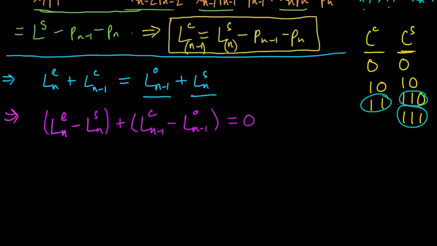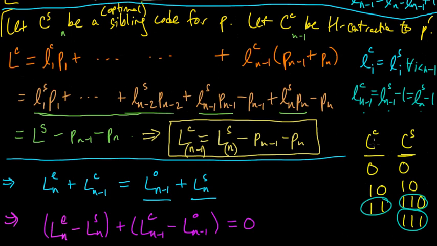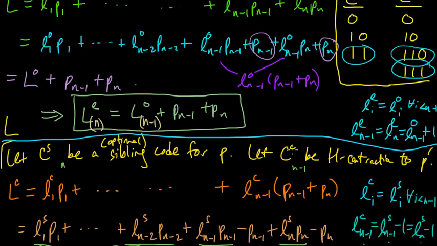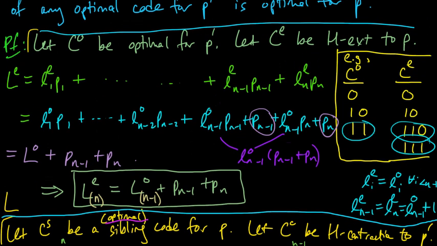So this is getting very interesting. What can we say? This is optimal for P, and this is the expected code word length of a code on P. This was the expected code word length of our extension. This S was the expected code word length of our optimal code. It was implicitly optimal, since any sibling code is by definition optimal. And this was our extension.